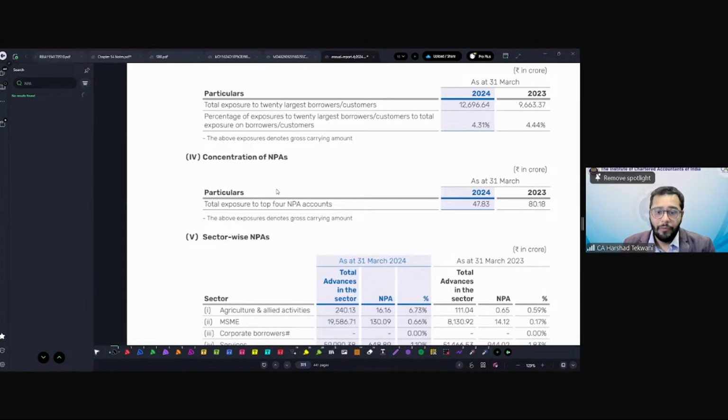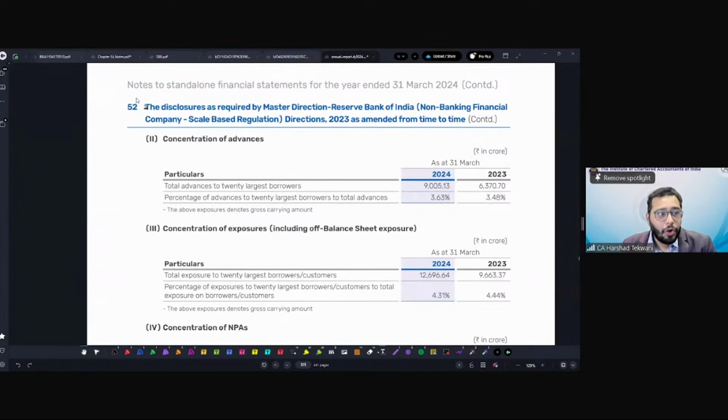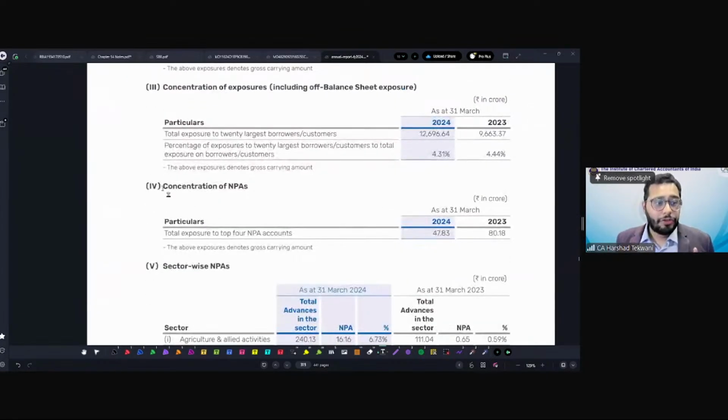It's not just one thing. They have to report in multiple formats, in multiple sections. Now this is one of the sections. Again, this is part of the notes to financial statements. I'm talking about financial statements. Over there you have concentration of NPAs and sector-wise NPAs. That is the reporting requirement for NBFC.